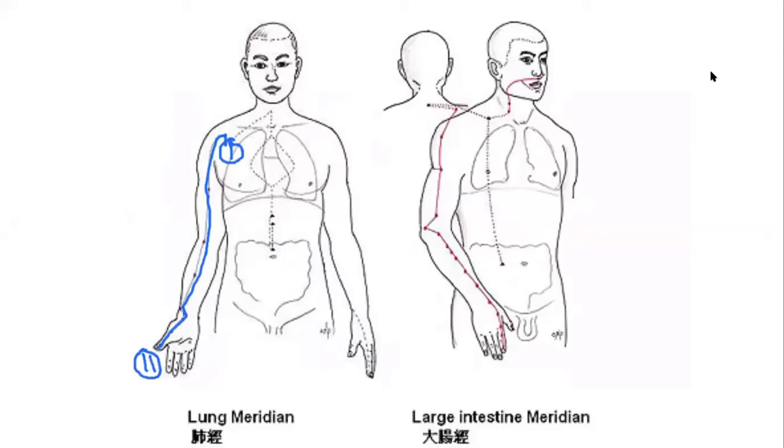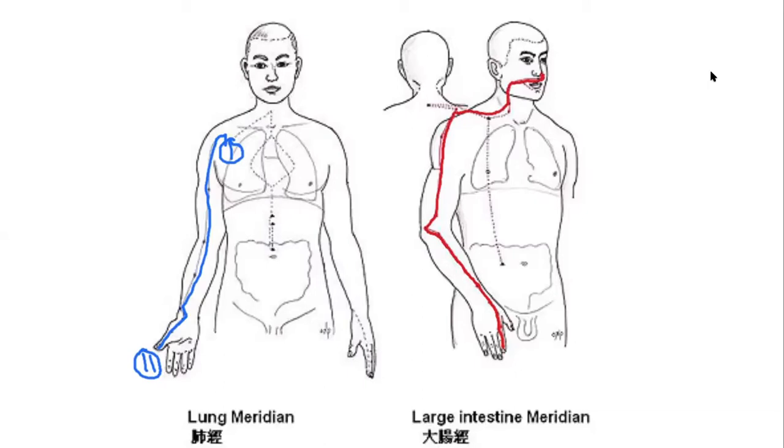See how the large intestine, in this red line, starts from the index finger and goes up to your elbow, up to the neck, and to the nose.